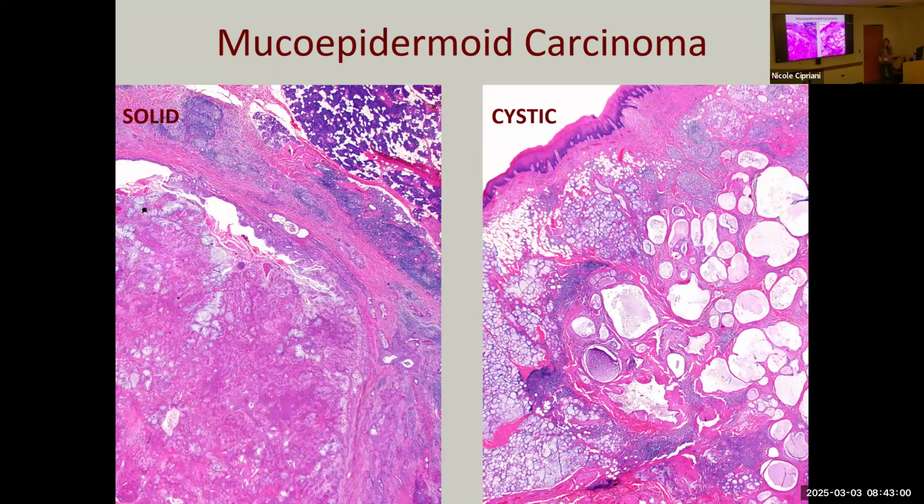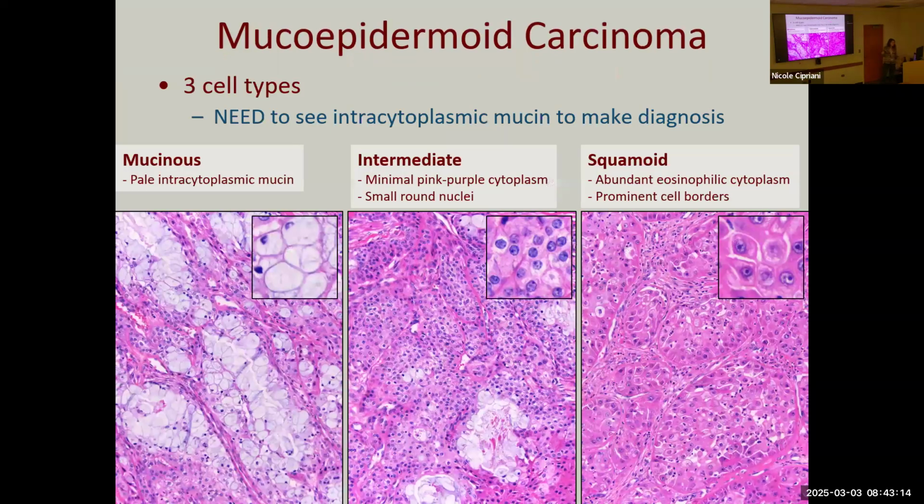So on low power, you may see something solid or you may see something cystic. But in general, even in the solid ones, you often will see some small cystic areas. On higher power, you're probably going to be seeing mostly the mucinous and the intermediate cell types. Intermediate, I think of as very bland, very nondescript.